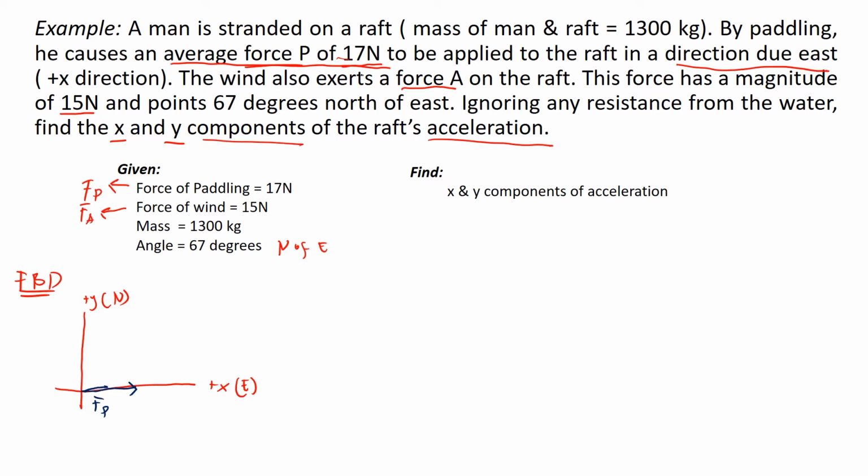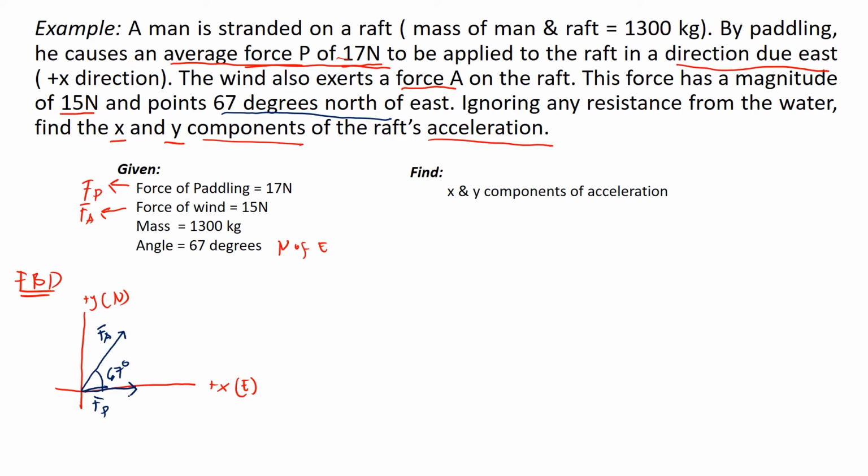And the force of the wind is directed north of east with an angle of 67 degrees. I'm just assuming that this is 67 degrees pointing north of east. So this is our F sub A with an angle of 67 degrees.